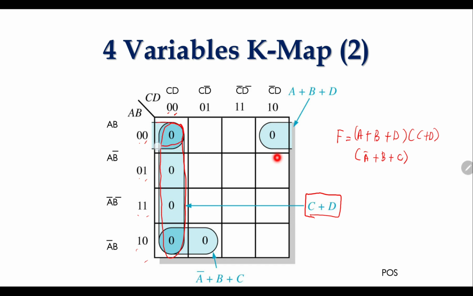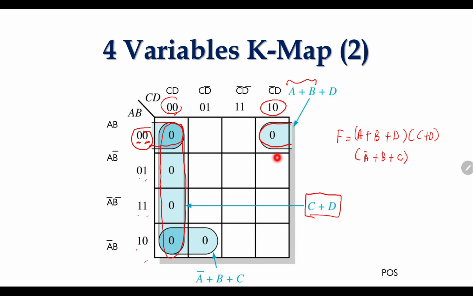Then you can group this 0 and this 0. So you read this one and this one. In this way, you see A and B don't change state. Only A is 0, B is 0. So in this way, you read A and B on this row.